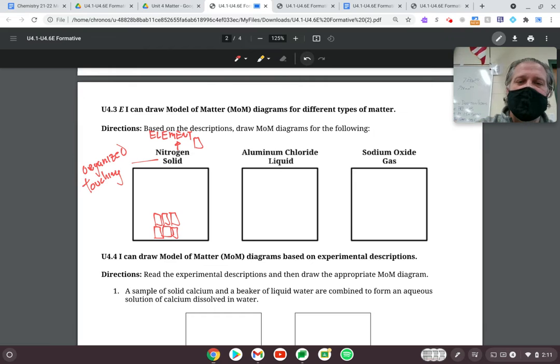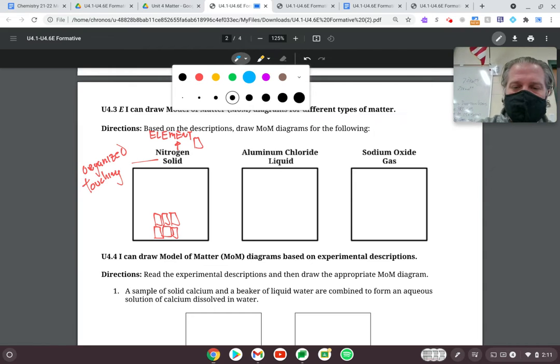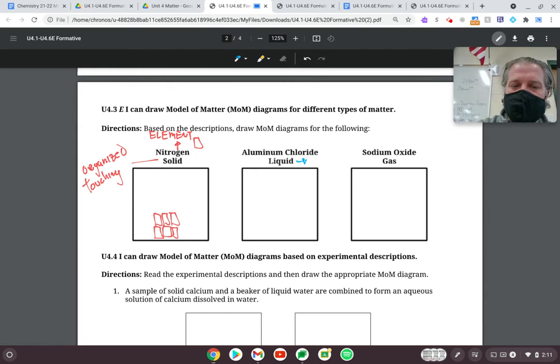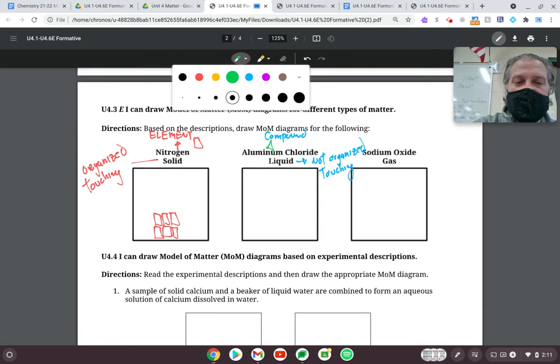Okay. The next one is a liquid, and you might recall that liquids are not organized, but still touching. And this is a compound because it's made up of 2 or more atoms. And so I'm going to say that aluminum is going to be my triangle, and chlorine will probably be a circle.